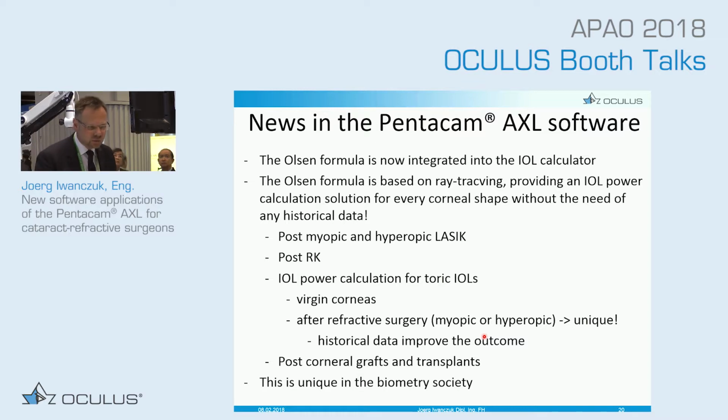If you have high keratoconus, and even for horses, you can use that formula for IOL power calculation. It doesn't matter what the shape is, and that's the beauty of it. And this is also unique in the biometry society.